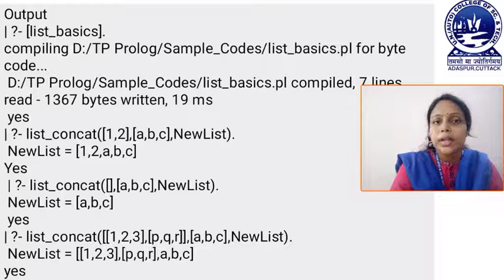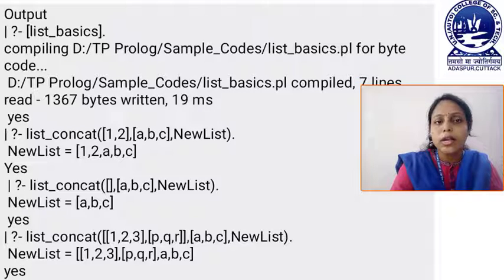Now look into the second one. In the list concatenate, the first list is an empty list and the second list contains the elements A, B, C. When we perform the concatenation operation upon these two lists, the resultant new list contains the second list, A, B, C, because our first list is empty. Now look into the third one.